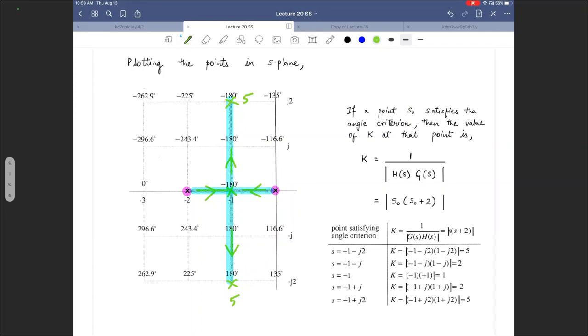If you're using magnitude criteria, how do you know which columns to test? So we don't use magnitude criteria to do this just because it is too cumbersome. First of all, it involves the value k, right? I don't want to have my root locus depend on k. So that is the reason why I used angle criteria, and in angle criteria there is no k, right?